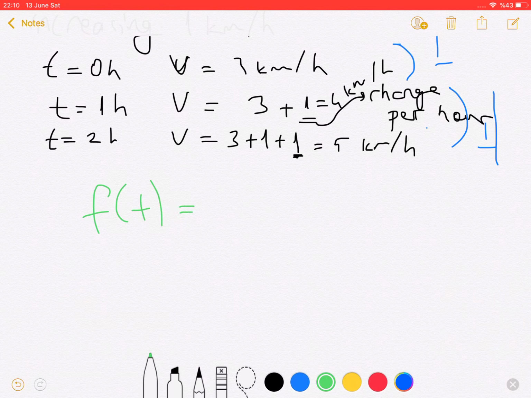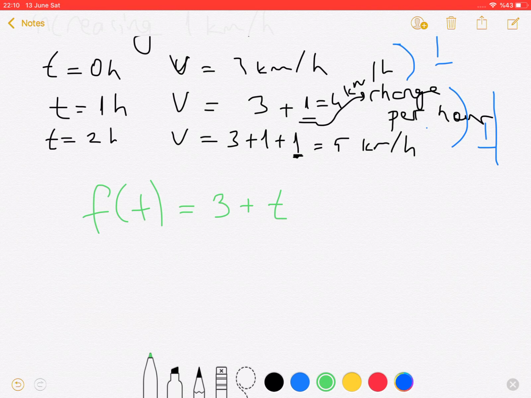My initial velocity is 3. And as time goes, my velocity increases at the rate of 1. So I have t, right? At the end of this examination, this equation will start to make sense in your mind, and you can write such equations.